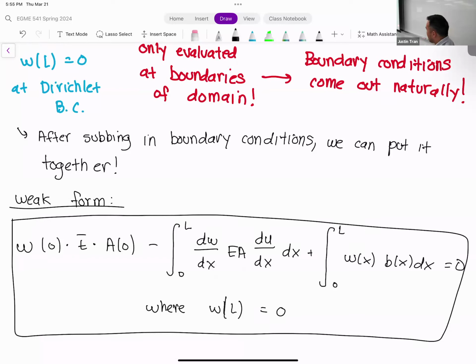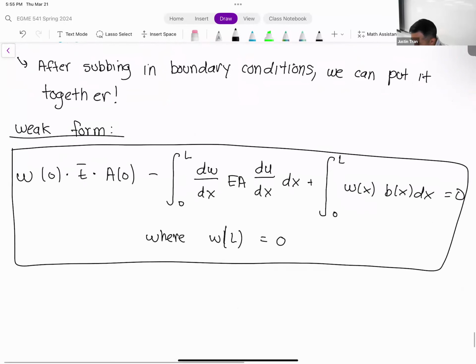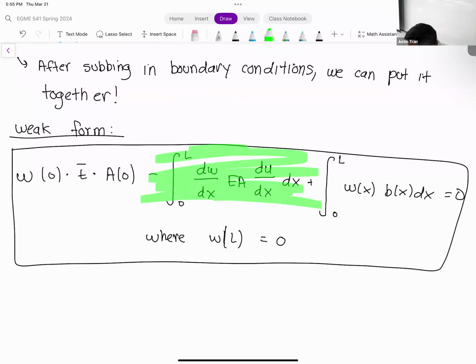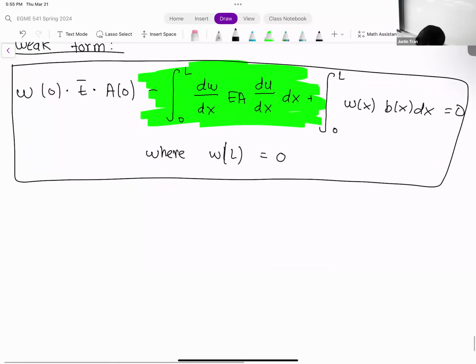Okay, let's analyze this a bit and talk about some of the important characteristics of this. In particular, I want to focus on this term, because this is where most of the magic happens. The first thing that should stand out to you about this term is that the highest order derivative that we have is 1.